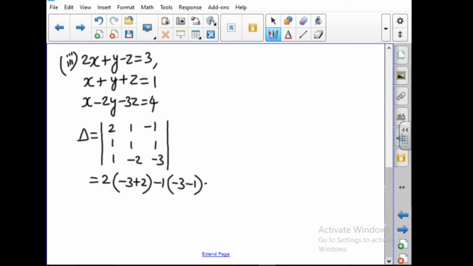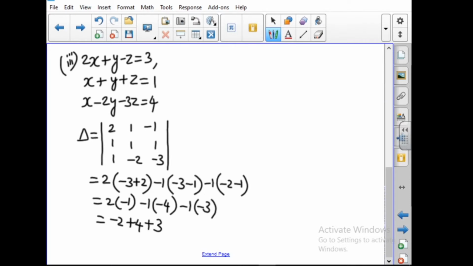Next, minus 1 into minus 2 minus 1. Okay. So you are getting 2 into minus 1, minus 1 into minus 4, minus 1 into minus 3. Now minus 2 plus 4 plus 3. So 7 minus 2, your answer will become 5. So delta is equal to 5, which is not equal to 0.